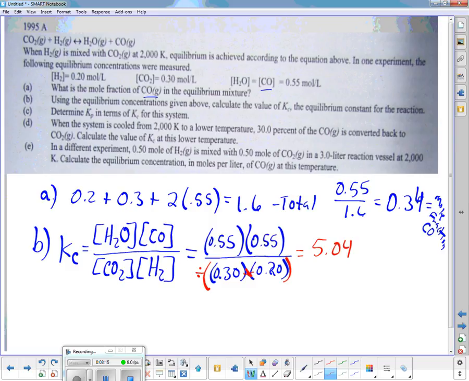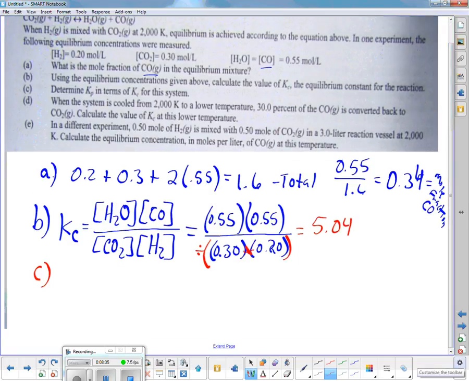Okay, next one. C. Kp in terms of Kc. So we've got to do a conversion. Grab out your equation sheet from the AP exam that I've given you, and look: is there an equation that goes from Kc to Kp, because they're not equal to each other?